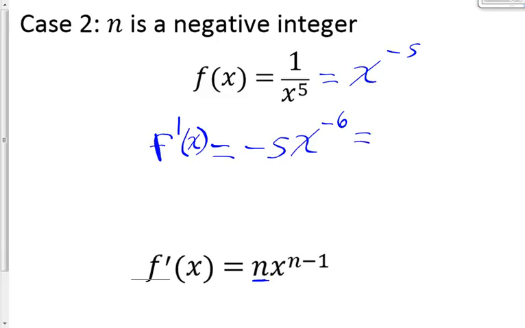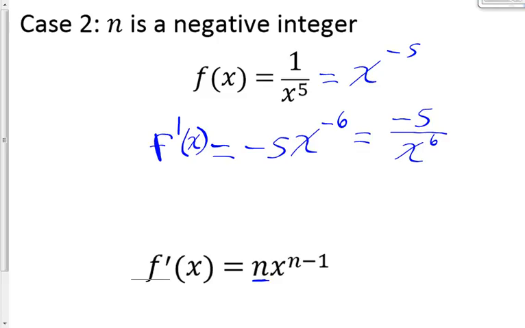So we switch this back over, negative 5 becomes the only factor in the numerator left, and x to the 6 goes back to the denominator. So the derivative of 1 over x to the fifth is negative 5x over x to the sixth.